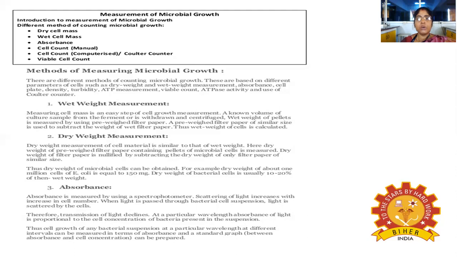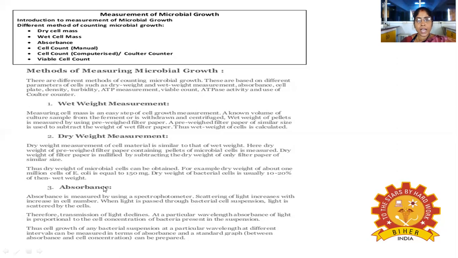We air dry it and then weigh the centrifuge tube once it has been dried, so we have the term dry weight measurement. Similar to wet weight, we measure the empty centrifuge tube, and the pellet centrifuge tube weight minus the empty centrifuge tube weight will give you the dry weight measurement.